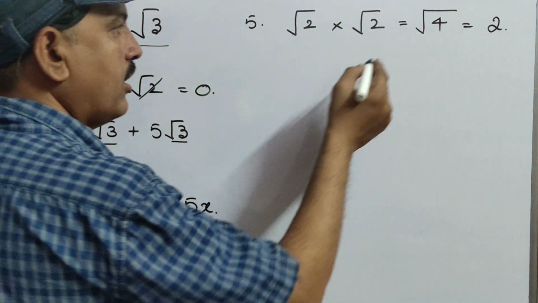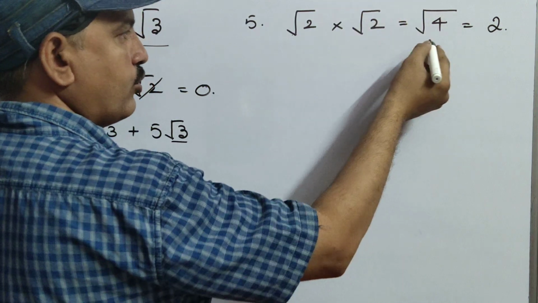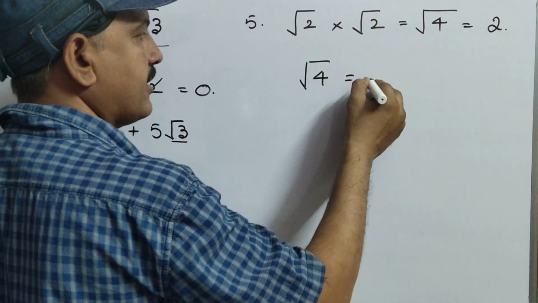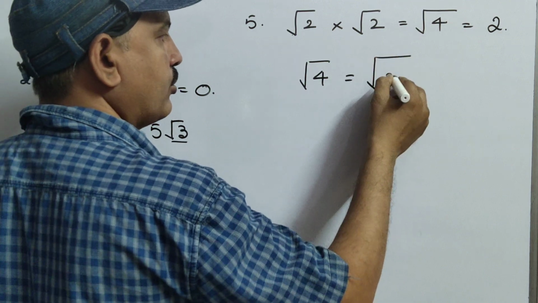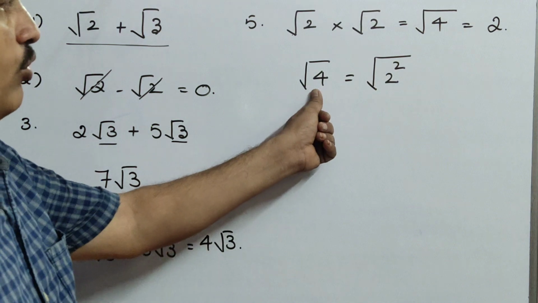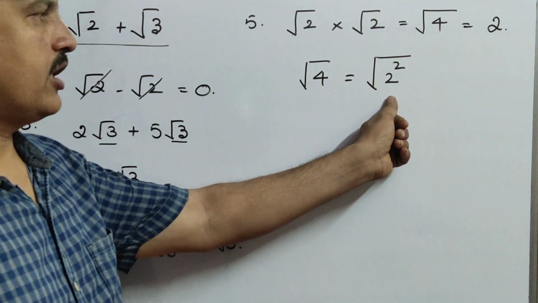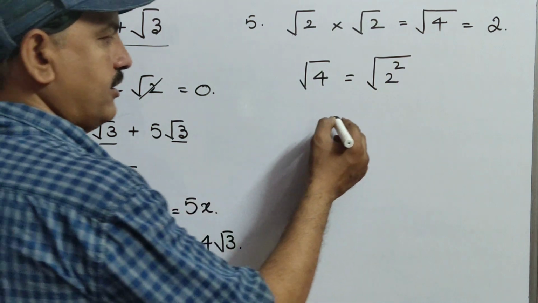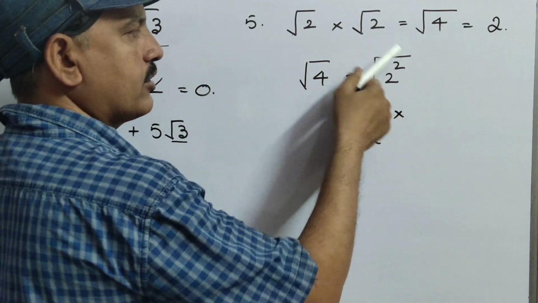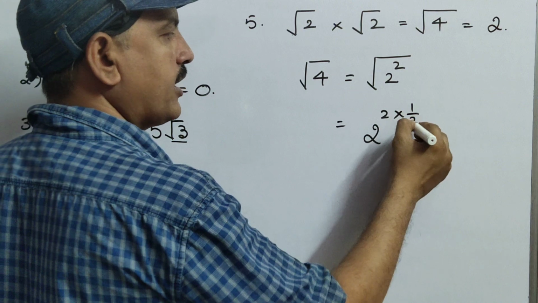And I think you all have learned how to write it in a simple way. Root 4 also can be written as square root of 2 square, because 4 can be written as 2 into 2, so it can be written as 2 square. And 2 square into the square root, which can be written in the power as 1 by 2.